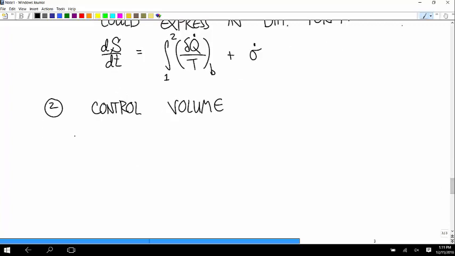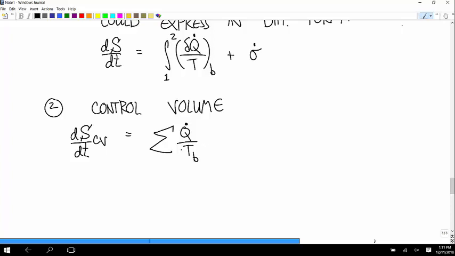And it says that the rate of change of entropy with respect to time, so ds dt for the control volume, is equal to the sum of all the q dots over the temperature at the boundary.